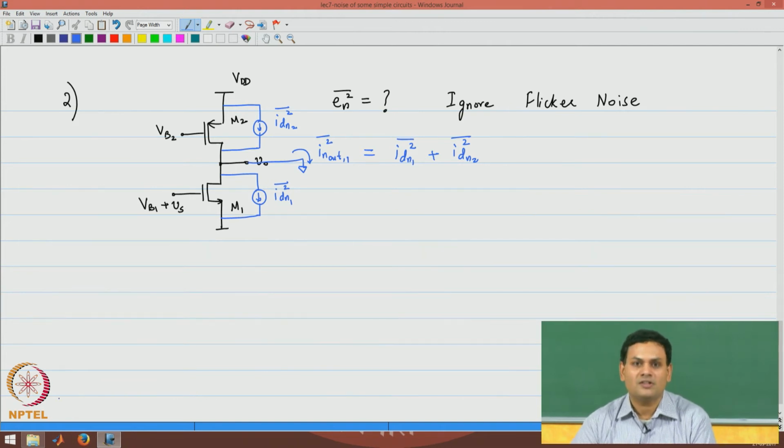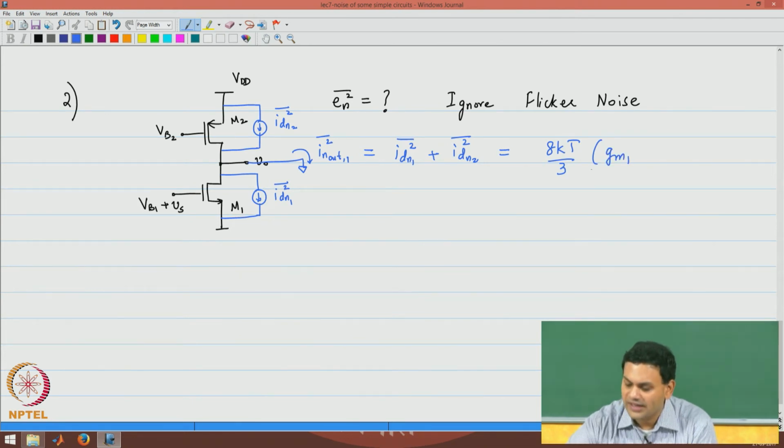Because the two noise sources are uncorrelated, I can add them as mean squared quantities, and therefore the total output noise current in this case is 8 kT by 3 into GM1 plus GM2 times delta F.